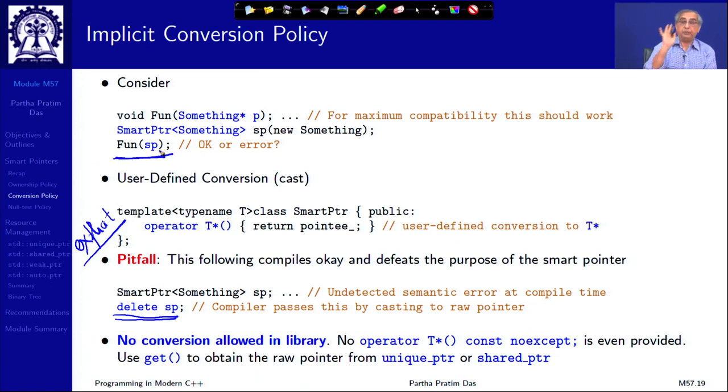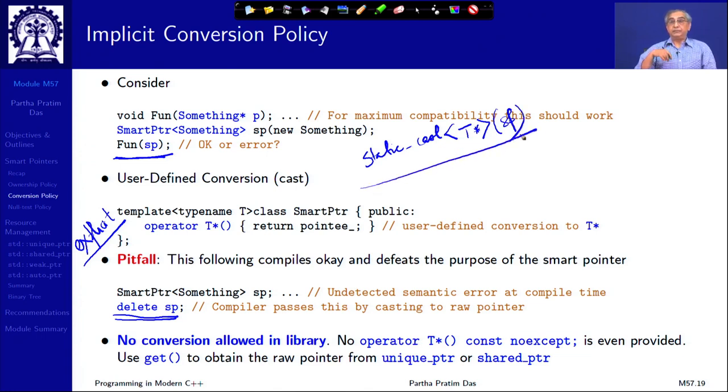So, this will also not compile. So, you will then have to write static_cast<T*>(SP), right, because it is explicit. So, this syntactic beauty will in any case go away.